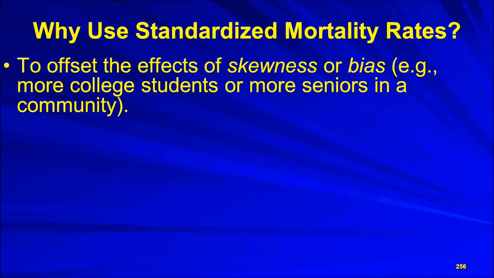If we went down to St. Petersburg, Florida, we would find that the majority of people there are older, and they do not represent the nation, nor does a community of college students represent the nation on anything that has to do with mortality.